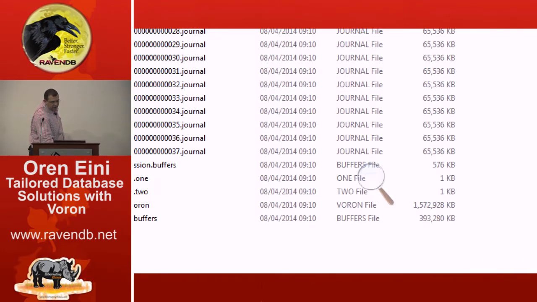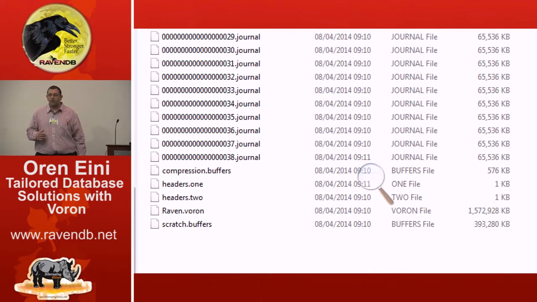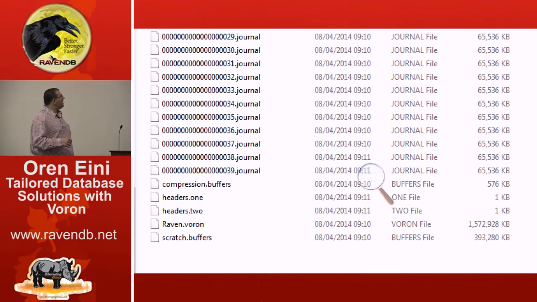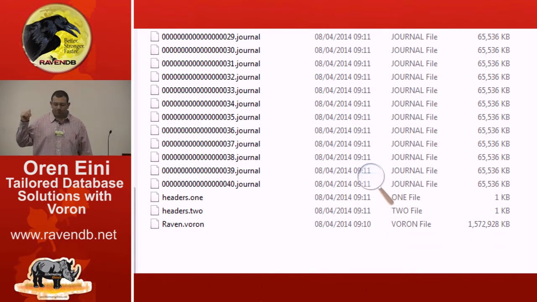And you can see that right now we're holding about 400 megabytes in the scratch buffer. The idea here is that we save a lot by just being able to run through everything. Notice that we had a compression buffer here somewhere.